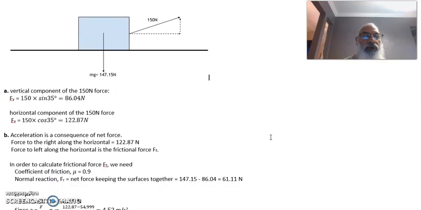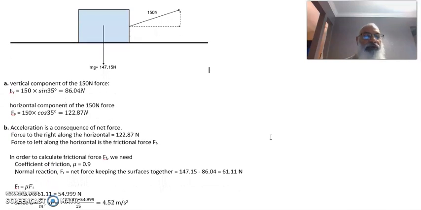Okay, I have a little diagram to show the box, and the mass is 15 kilograms, which works out to a weight of 147.15 newtons. There is a force of 150 newtons acting, as you can see right here, at 35 degrees to the horizontal.